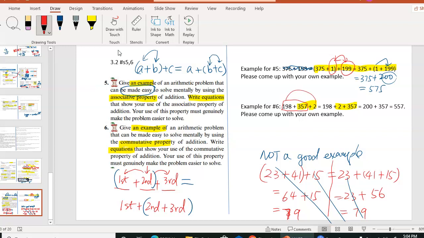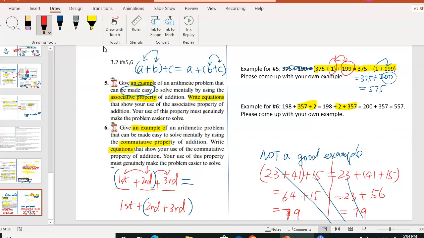If we can add 198 and 2 together, we're going to get 200. Now we can add 200 to 357. So this is what we're going to do. Normally we just do this in our mind. We say 198 plus 2 and then add 357, without realizing that we are using the commutative property. So what we actually did was this.